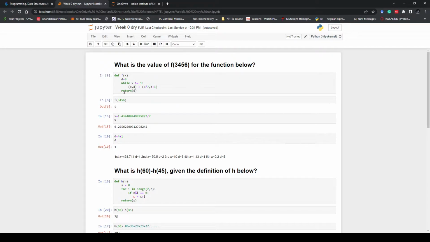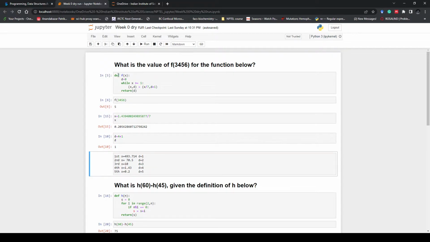Define f(x) where first d is equal to 0, while x is greater than or equal to 1, x will be replaced by x/7 and d will be replaced by d+1. This is a while loop, and the function will run till the x value becomes less than 1, correct?